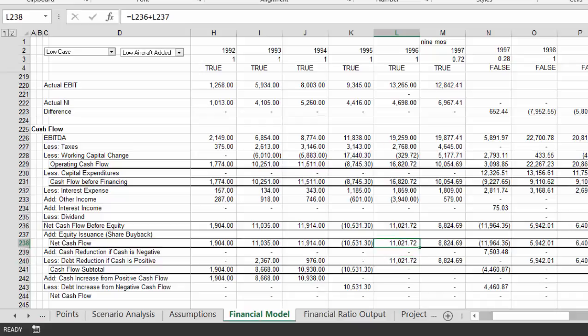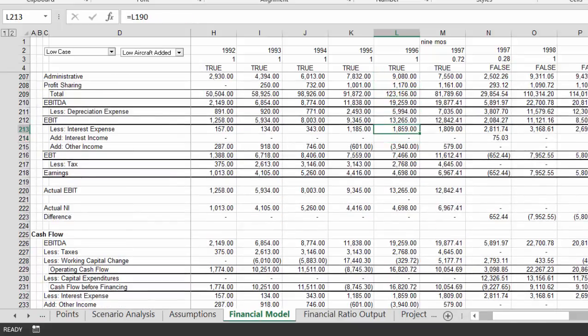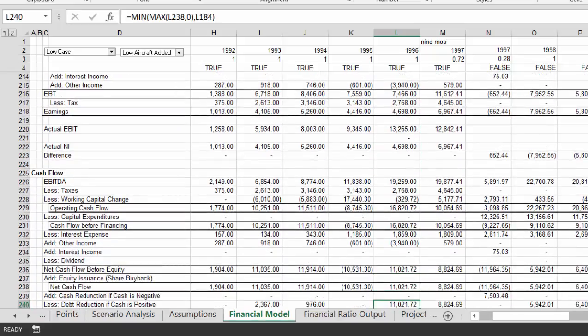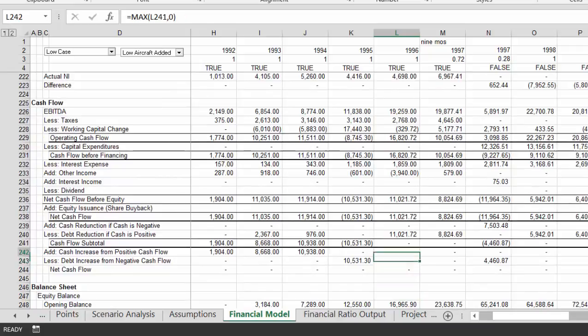This debt and cash that it affects could theoretically affect the interest income and the interest expense up here in the profit and loss statement, and therefore the earnings. And if it affected the earnings, then it would affect the taxes, and we'd have kind of a difficult problem.